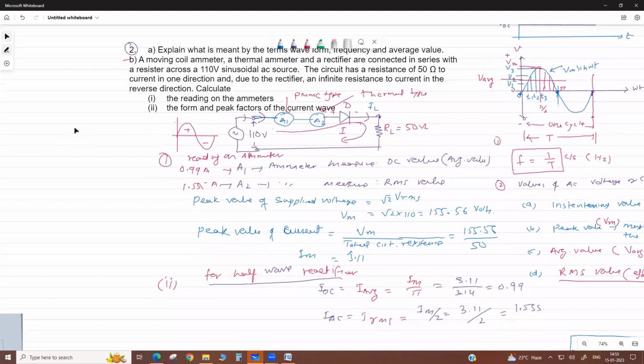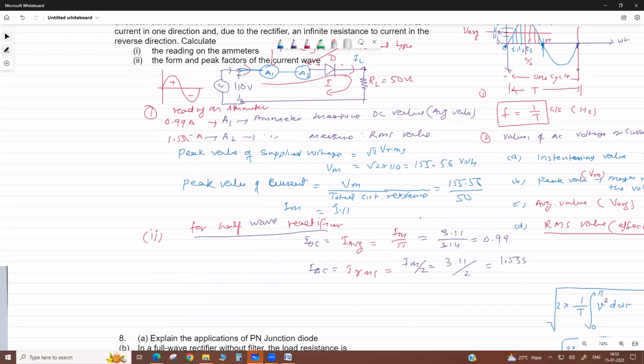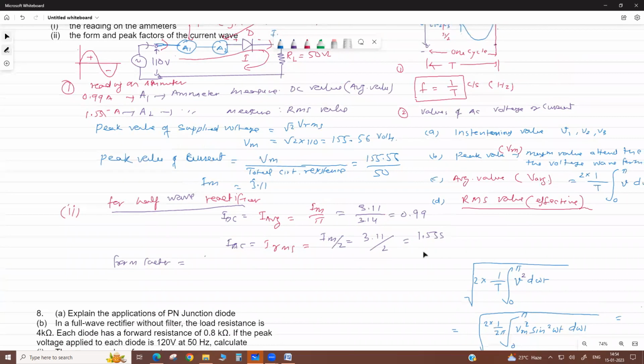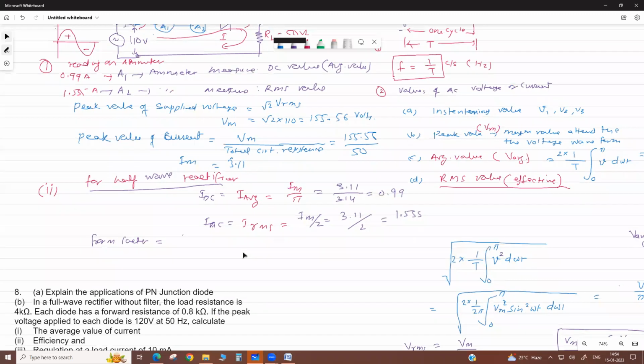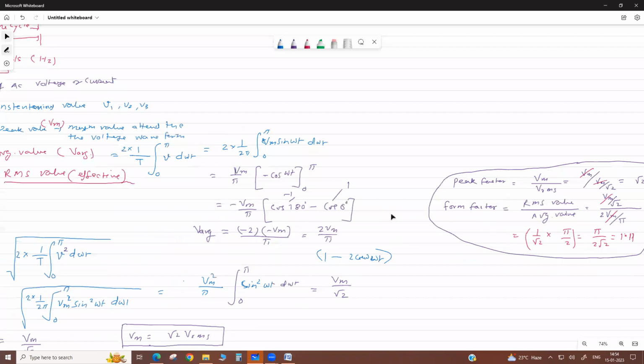Next is the form factor and peak factor of current. This is your current waveform, so calculate the form factor. Form factor is RMS by average.